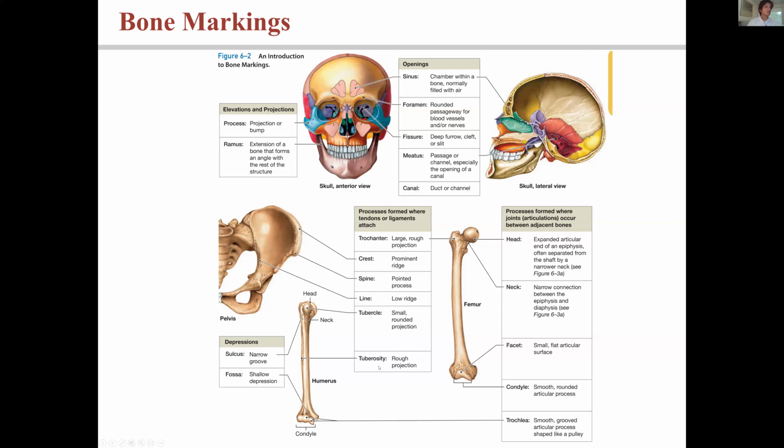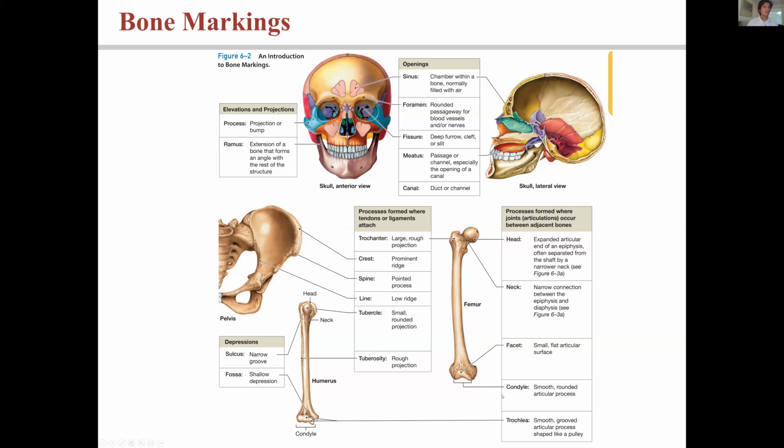Okay, the rest are going to be trochanters. Those are going to be larger processes. In this case, you see trochanters associated with the femur, crest, spines, lines. Tubercles are more roundish than a process.